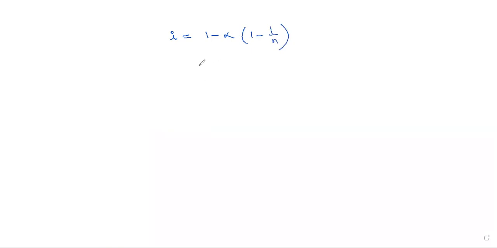Now this can be written as alpha is equal to 1 minus i by 1 minus 1 by n. This is a very important relation. n is the number of molecules or number of moles that you have started with. Okay. Now we know that i is equal to M normal by M observed, right?